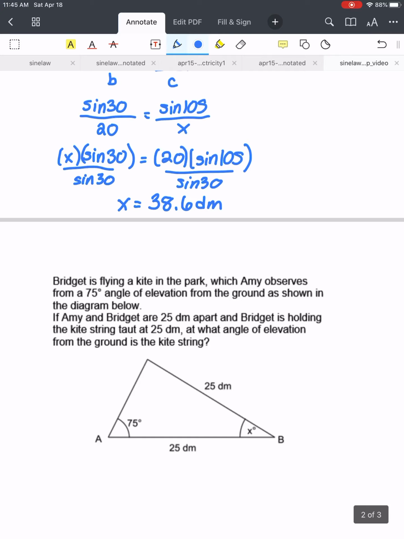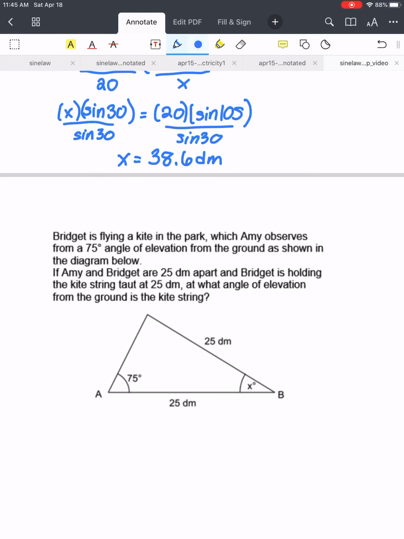Let's do another one. Bridget is flying a kite in the park, which Amy observes from a 75-degree angle of elevation from the ground as shown in the diagram. If Amy and Bridget are 25 decimeters apart, I don't know what's up with the decimeters today, but whatever, and Bridget is holding the kite string taut at 25 decimeters, at what angle of elevation from the ground is the kite string?